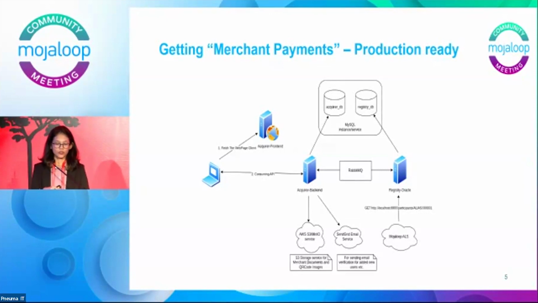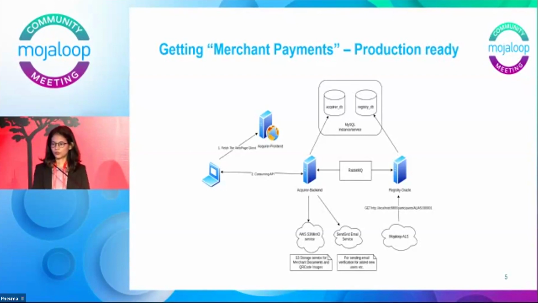The other major component of the merchant payment system is the acquiring portal, which is intended for the acquiring DFSP who doesn't have their own acquiring portal. By using the acquiring portal, they can manage their merchant information.